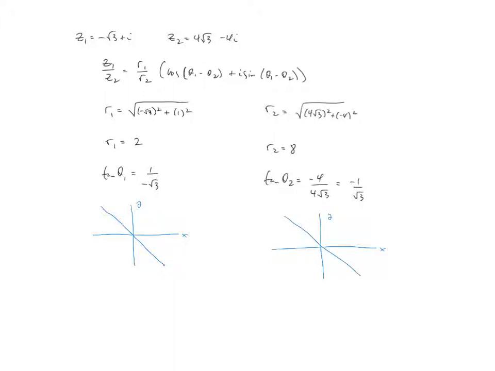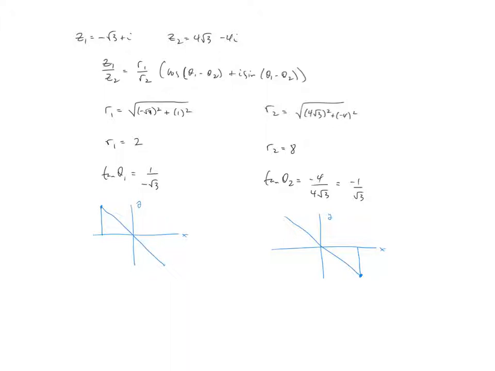Our first point is in quadrant 2, because we move to the left negative root 3 and then up 1. But for our second point, we move in the positive real direction and the negative imaginary direction, which puts us down here in quadrant 4. So we need to be careful to make sure we're in the right spot.